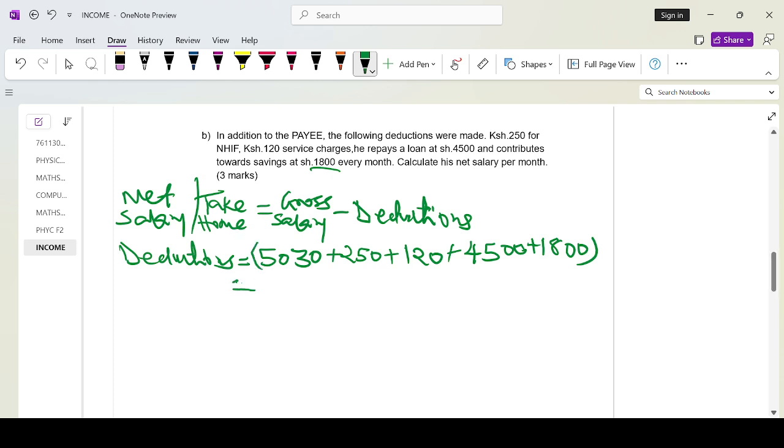So the total deductions in Kenyan shillings, when you sum the amount, is 11,700.